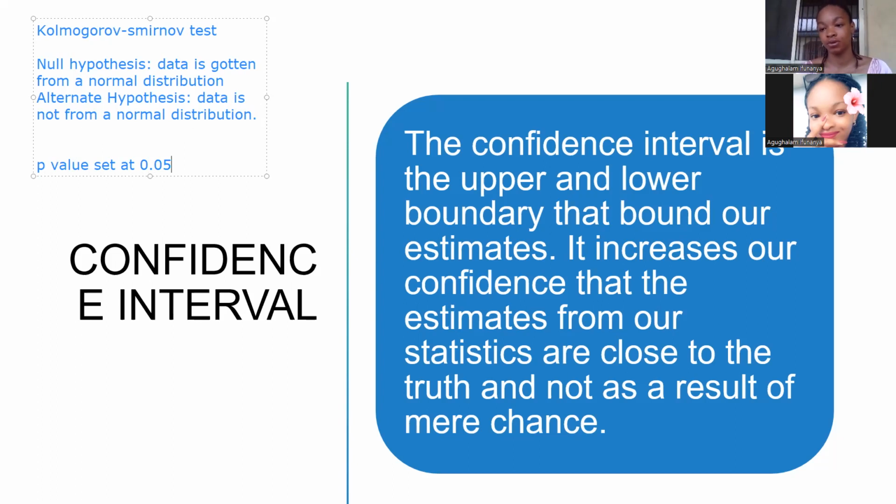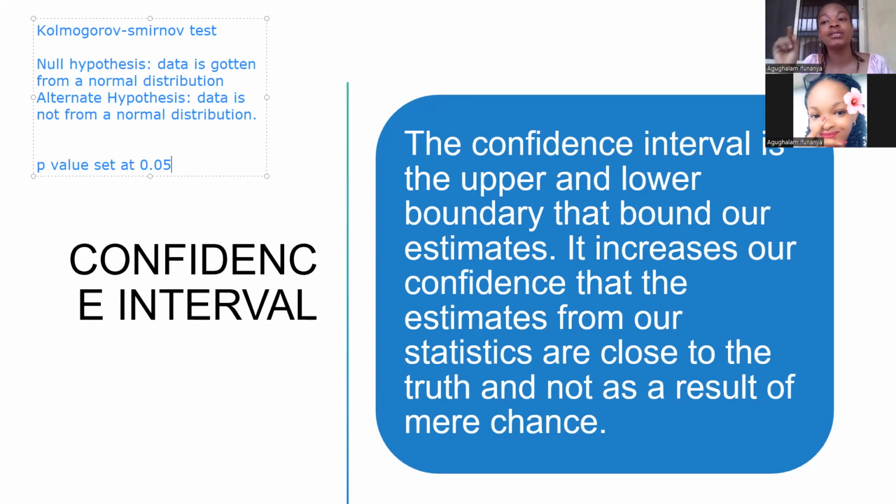If our p-value, also known as probability, is greater than 0.05, it means that the deviations, meaning going further away, from the normal distribution are small.